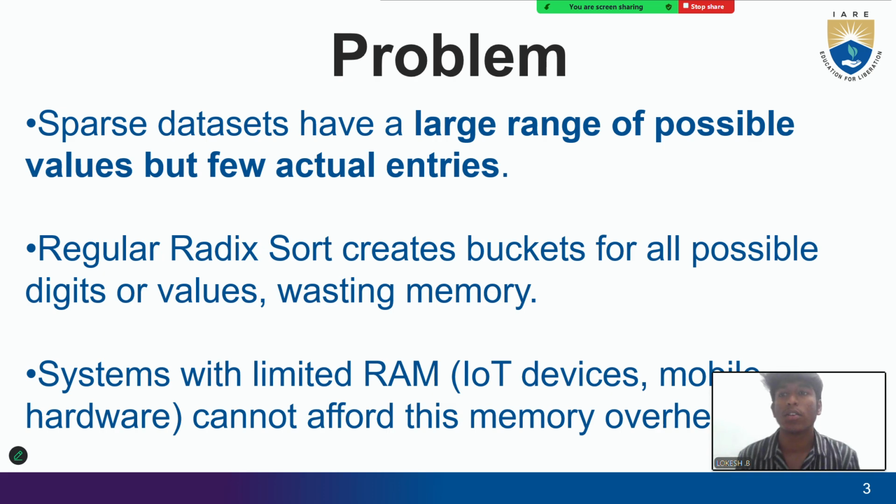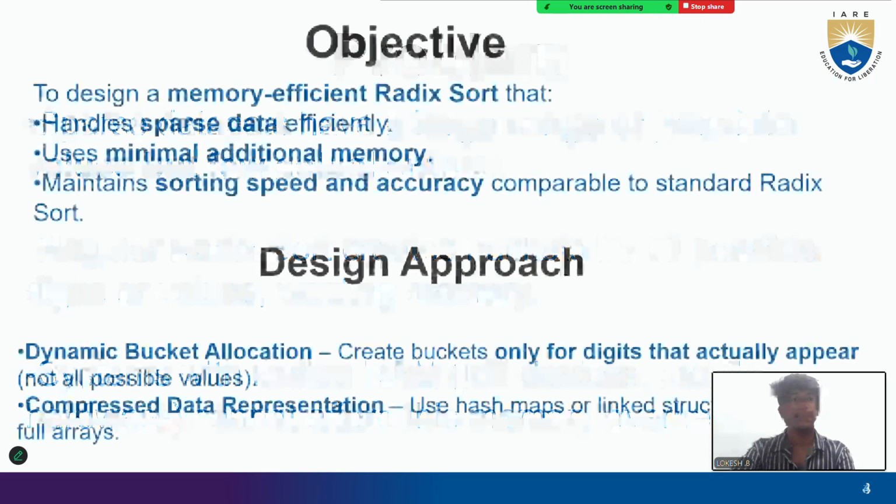What's the main problem? Sparse data has a large range of possible values, but few actual entries. So regular radix sort creates buckets for all possible digits or values, wasting memory. Systems with limited RAM, like IoT devices and mobile hardware, cannot afford this memory overhead.